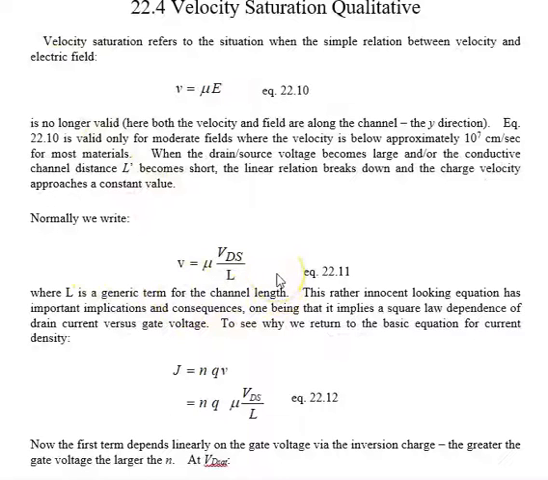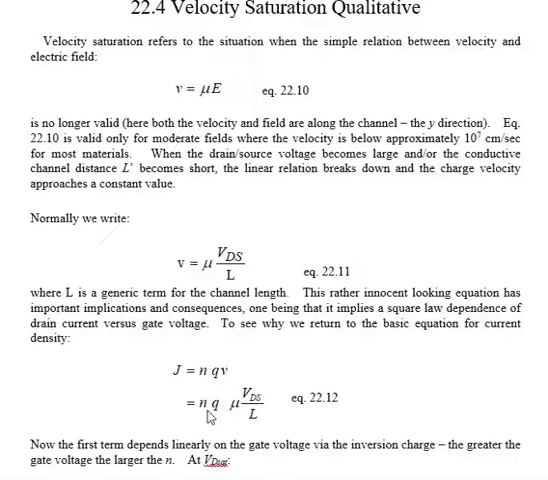And as we mentioned previously a number of times, this particular equation has very important ramifications for the current density. This is the current density in amps per square centimeter. And if we have a velocity which is proportional to electric field, which is to say proportional to voltage, and VDS is proportional to gate voltage, then the current density is proportional to the gate voltage squared, because N is always proportional to the gate voltage.